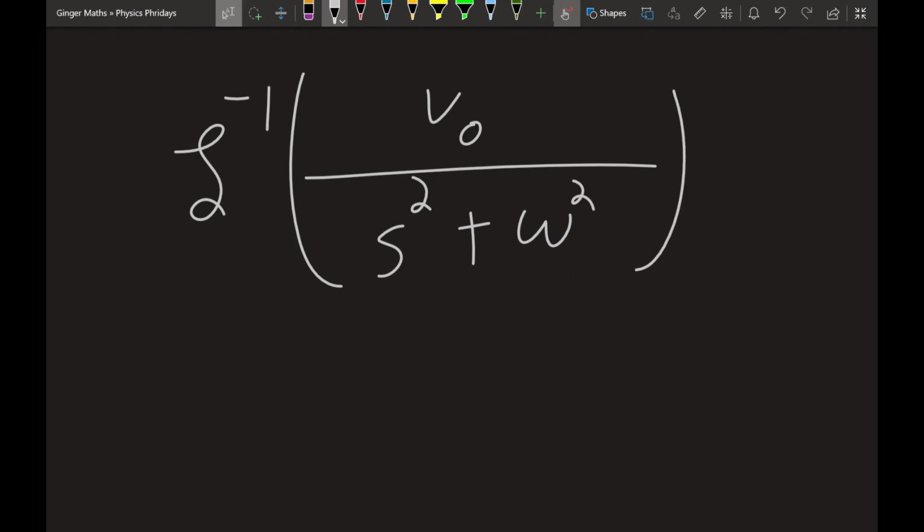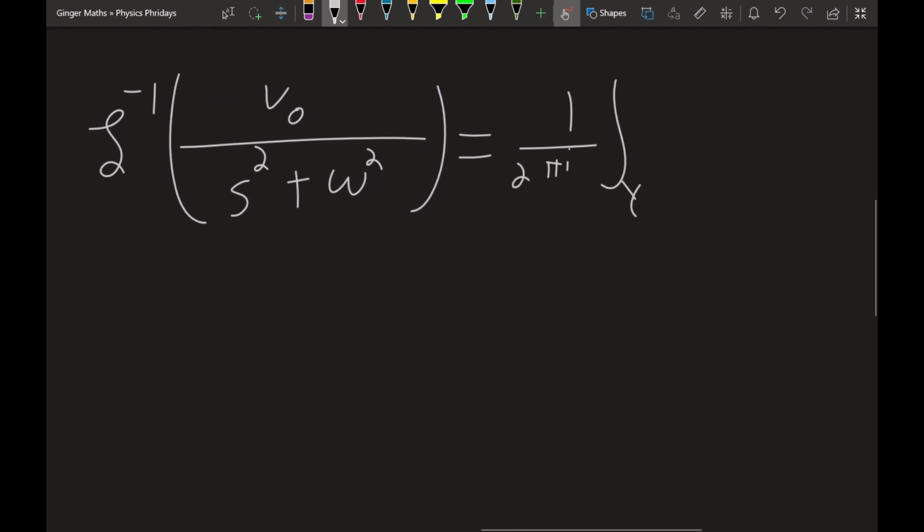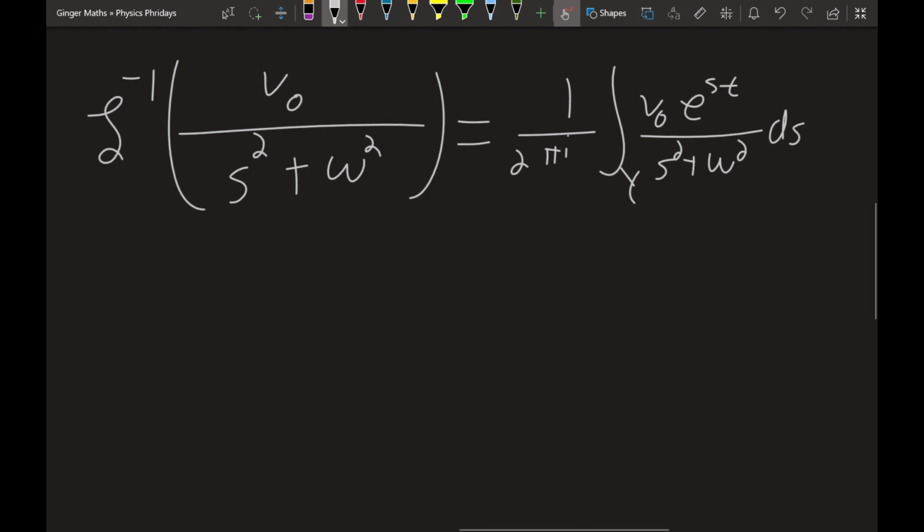I was thinking of the integral, which is going to be equal to 1 over 2 pi i times our integral over gamma of v naught over s squared plus omega squared times e to the st ds. So again, just finding the residues of this thing right here. Our poles are just going to be the same, so I'm just going to plug and chug, for lack of a better phrase.